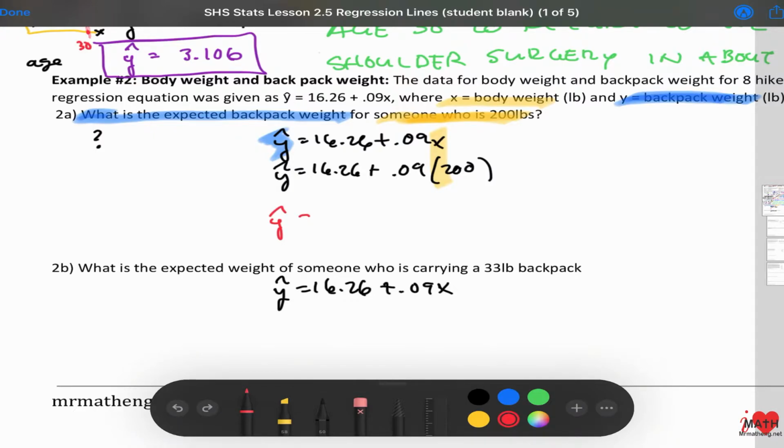I just have to be a math teacher here. Don't forget, you can just put it in your calculators, but you're really doing PEMDAS. I'm just highlighting that. You would never do 16.26 plus 0.09, then multiply 200. That's wrong. Multiplication, then add. Put that in, and you'll get an answer of 34.26 pounds.